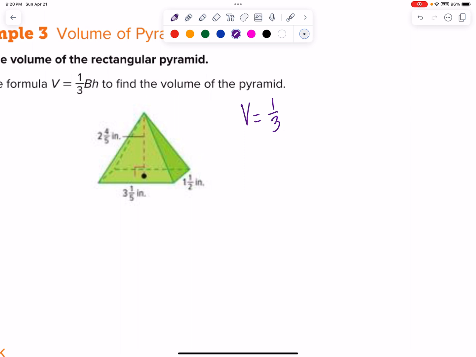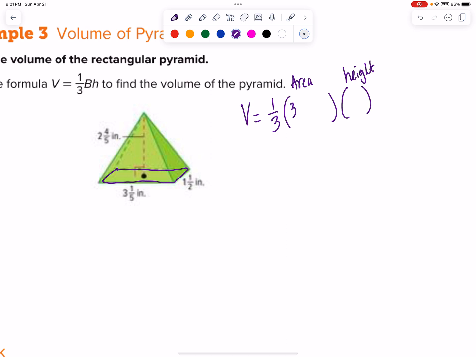Okay, so we have to right now plug in the area, okay, area of the base, and then we need to plug in the height of the pyramid. Okay, so how do we find the area of the base? Well, let's look at what the shape is. It's just a rectangle. Okay, so area is length times width, right?